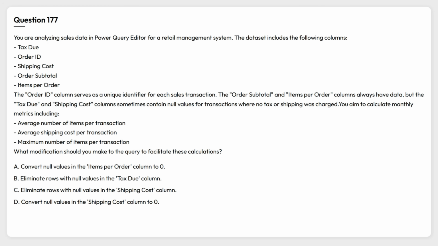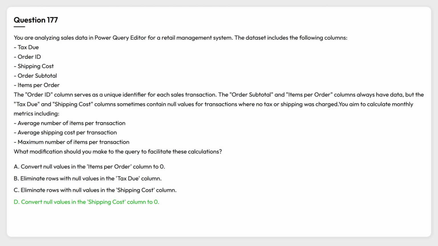Option A. Convert null values in the items per order column to 0. Option B. Eliminate rows with null values in the tax due column. Option C. Eliminate rows with null values in the shipping cost column. Option D. Convert null values in the shipping cost column to 0.